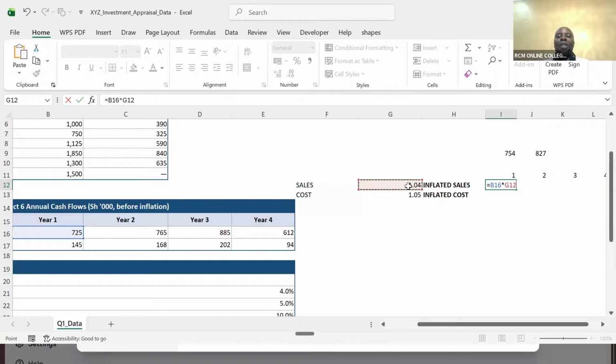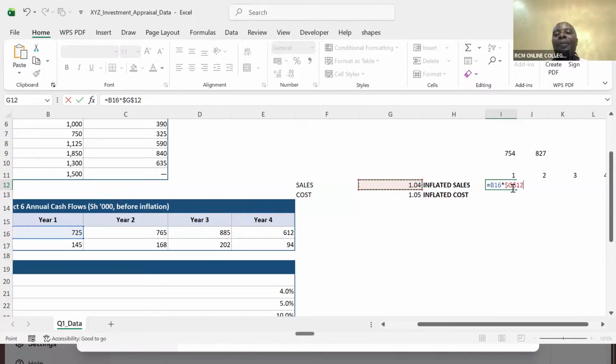In some computers, for you to use F4, you simply click F4 where it is. In other computers like mine, I have to press FN, for function, which is quite close to control. So you say FN, and then you press F4. You're pressing them together. And then you'll be able to see the concept of the locking with these dollars like that.